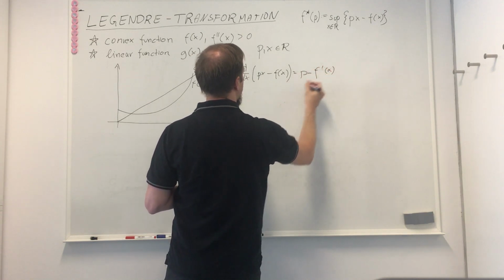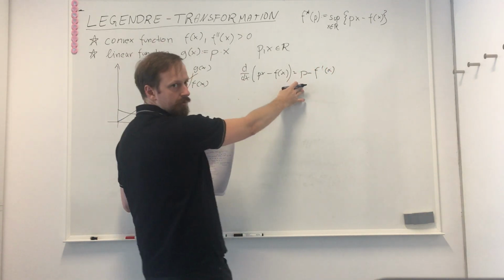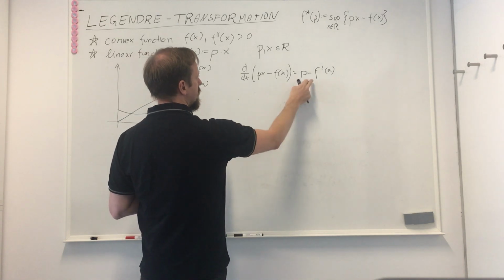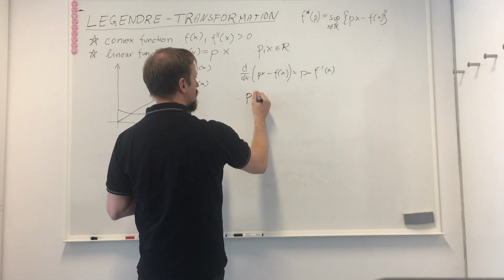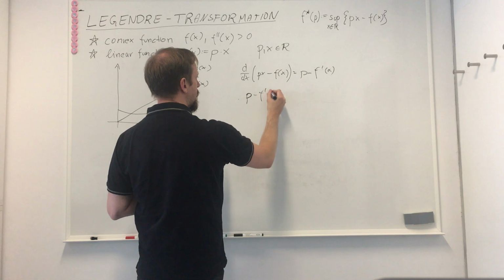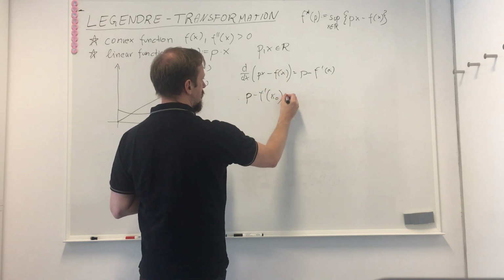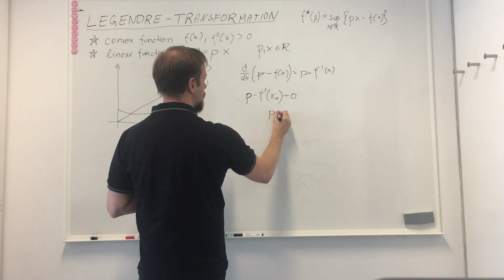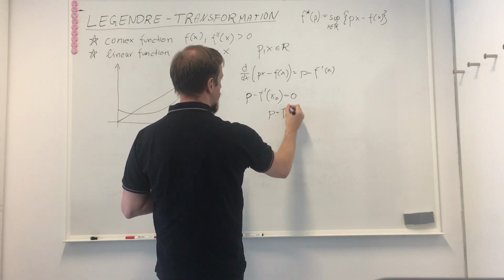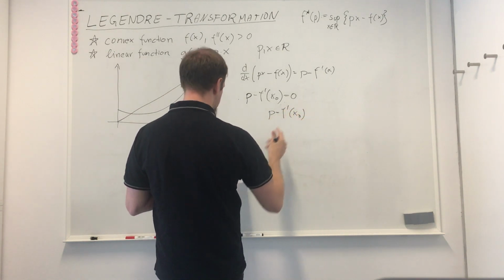To find the maximum, we have to set this expression to 0. So p minus f prime of x naught equals 0. That means p equals f prime at x naught.